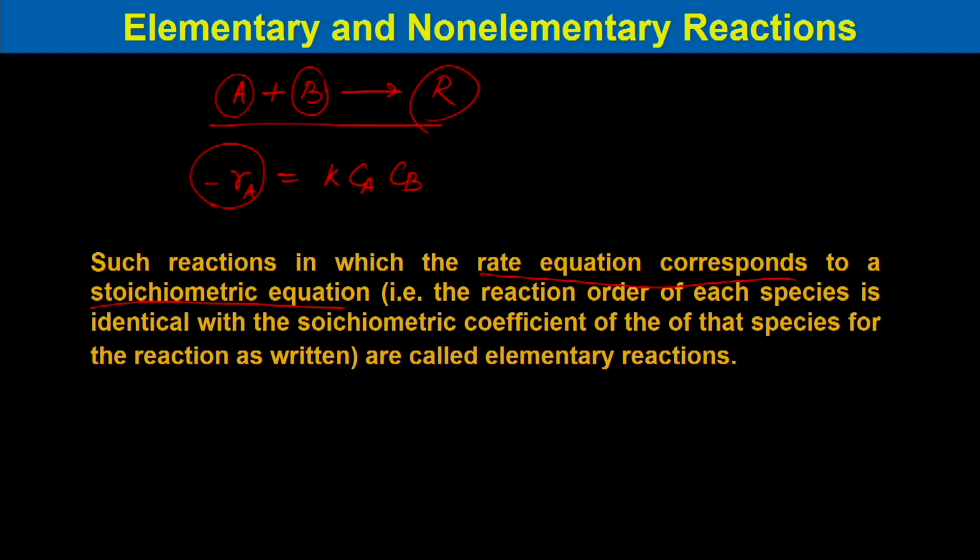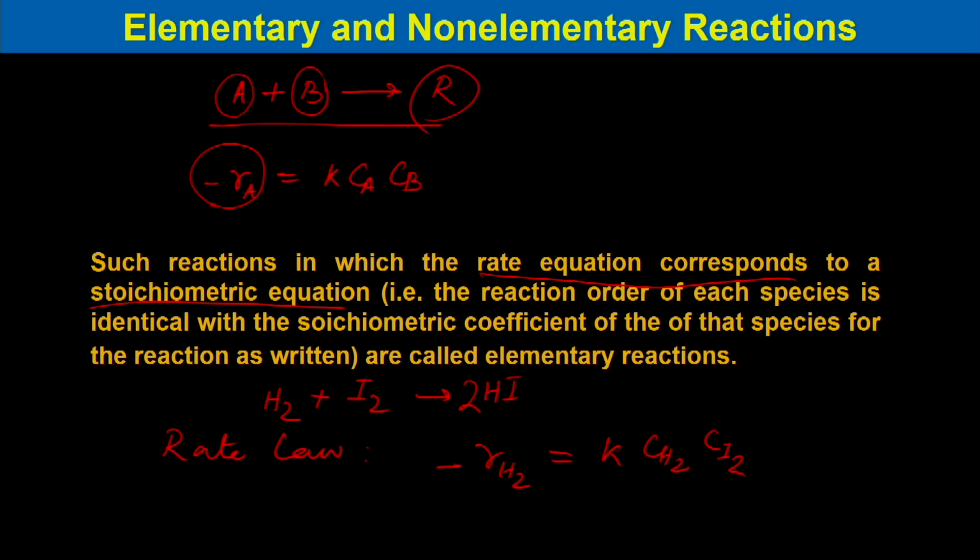One good example of an elementary reaction is hydrogen reacting with iodine to produce HI. The rate law we can write as minus rH2 is equal to k CH2 CI2.